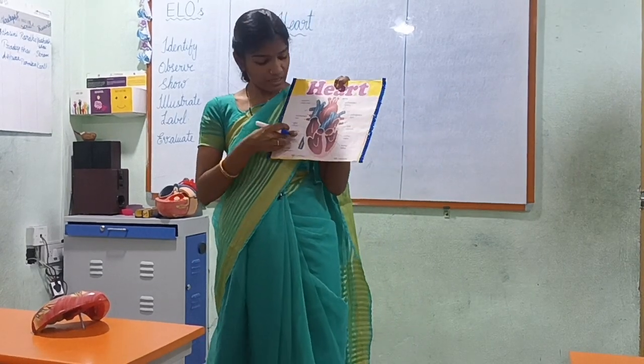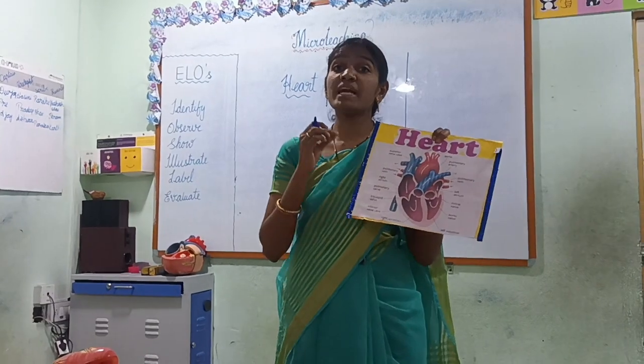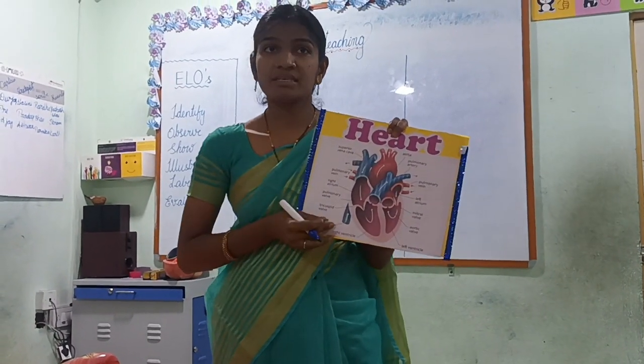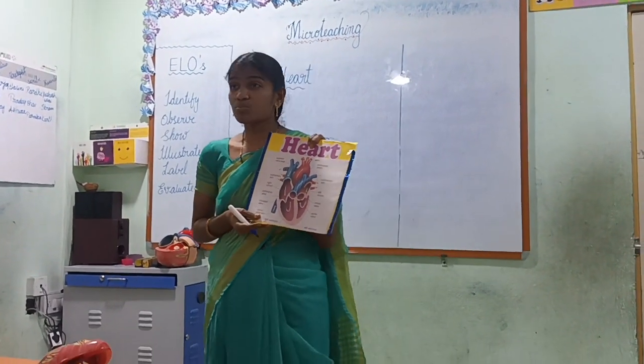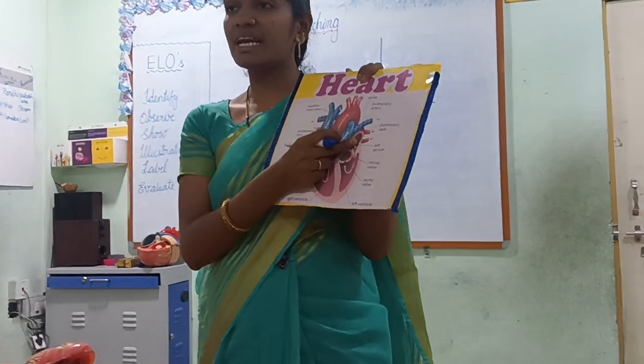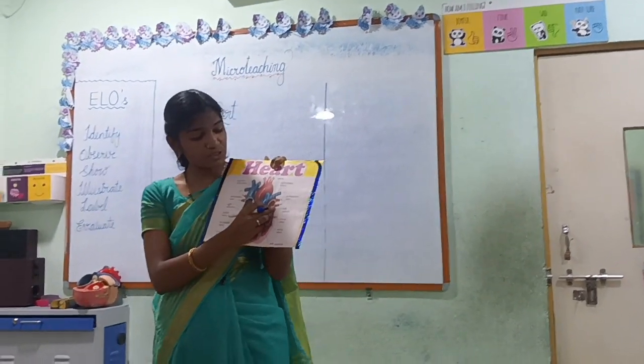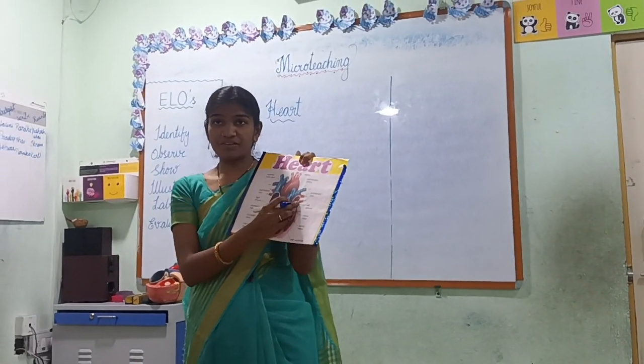Because the right atrium will collect the deoxygenated blood which contains carbon dioxide, and the left atrium will collect the oxygenated blood from the lungs.